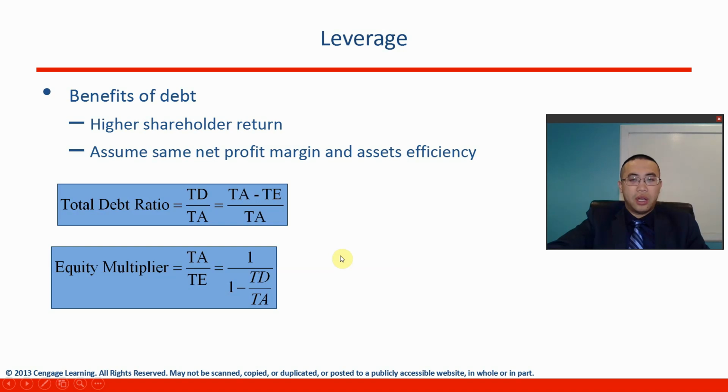So far, you just need to know that when debt increases, your equity multiplier would increase. If you do some algebra, then TA over TE would be expressed as 1 over 1 minus the debt ratio. So when the debt ratio increases, the denominator gets smaller and the whole value gets larger.